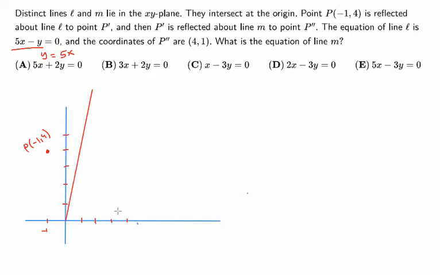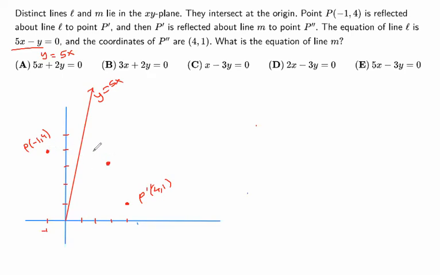Okay, so what we are told also is another point, which is 4, 1. So that was 1, 2, 3, 4. So this is P prime prime, (4, 1). Okay, so the point P is reflected over the line that we have right here, which is y equals 5x, and then we are going to get something, let's say right there.